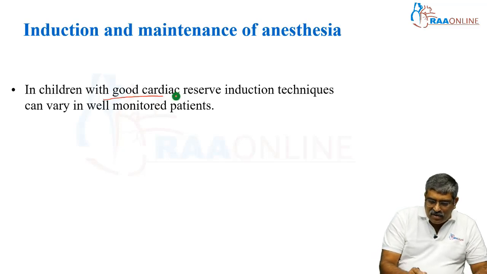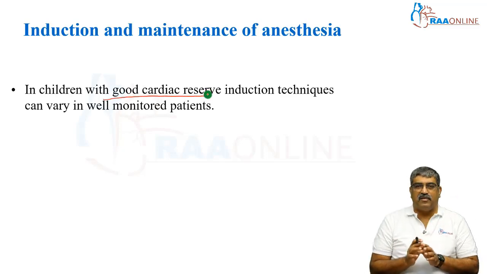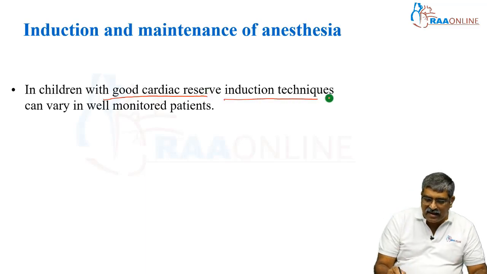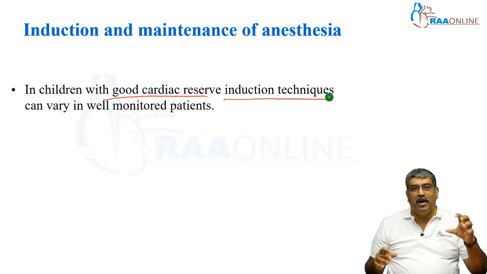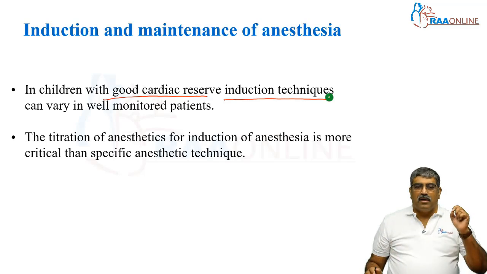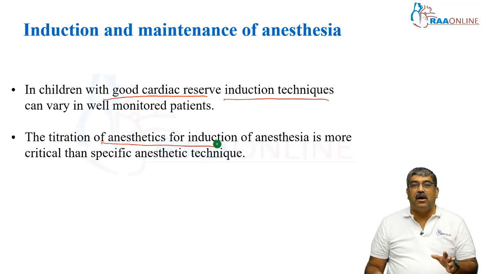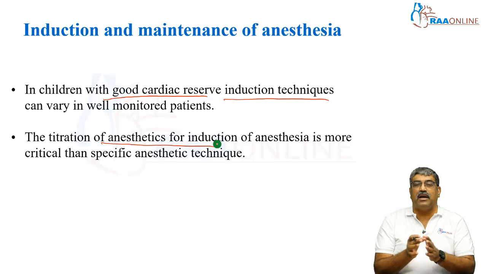In children with good cardiac reserve, that means the child is adequately compensated, the induction technique can vary in a well-monitored patient. The titration of the anesthetic for induction of anesthesia is more important than the specific induction technique.